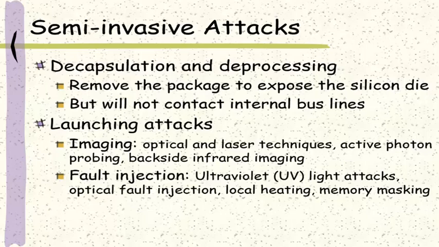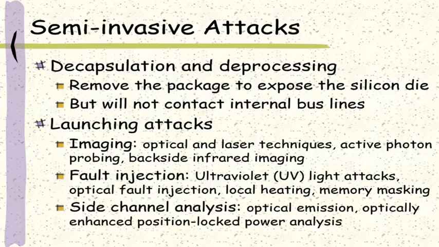Local heating can also permanently change some of the memory cells. With lasers, attackers can also write into SRAM or disable the write operation in the embedded flash memory. This is called memory masking. We will discuss side channel attacks in detail next week.